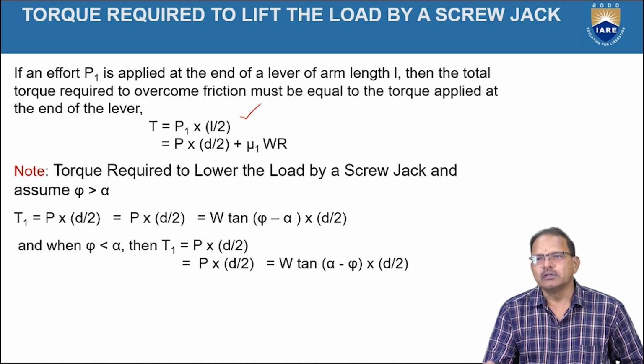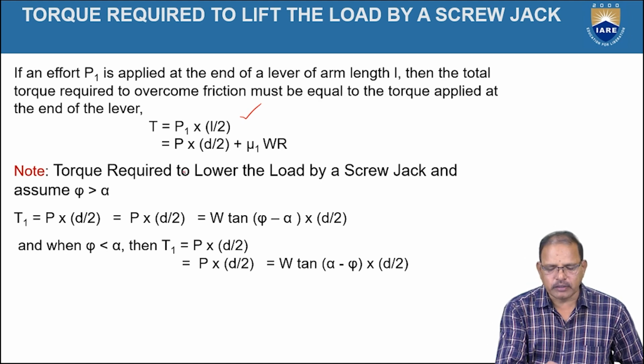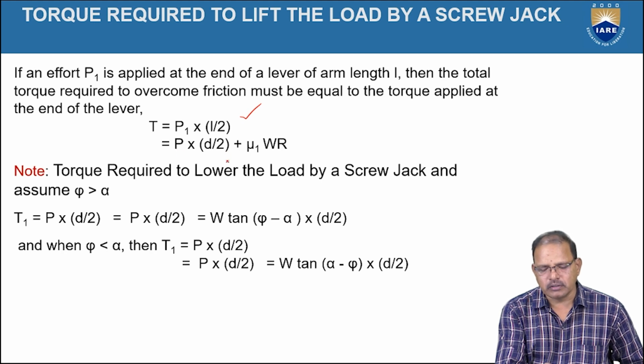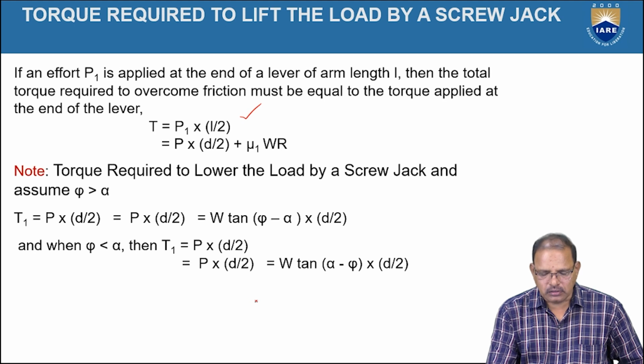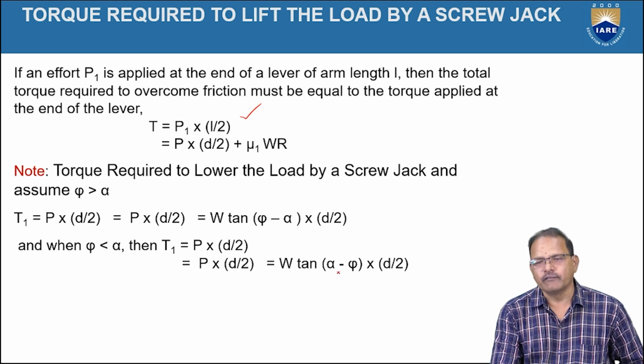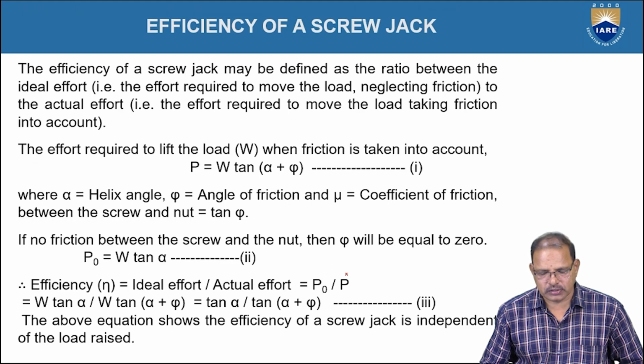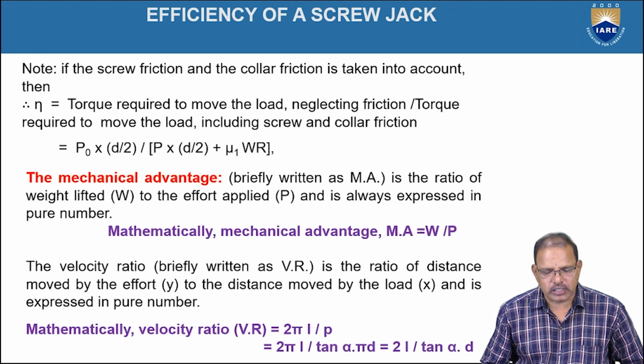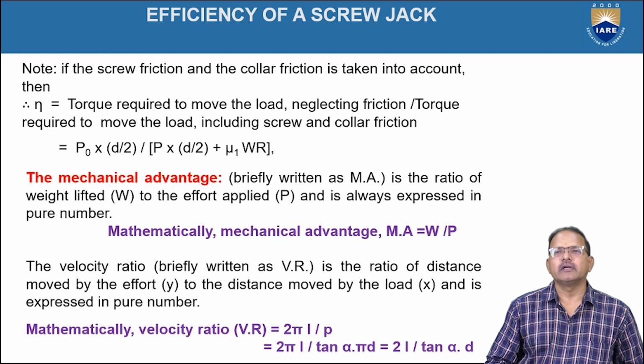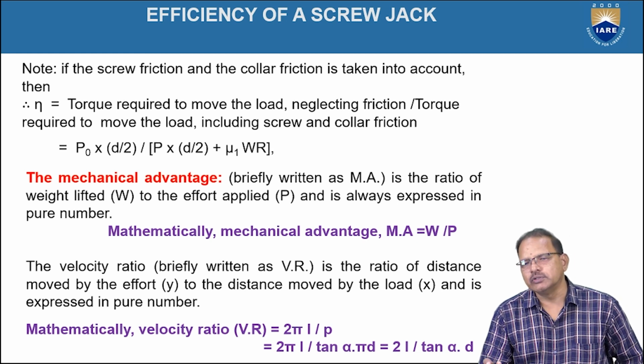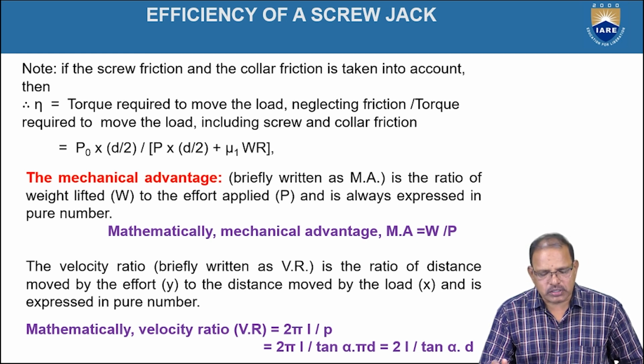So, in the upward direction, it can be determined by the equation P into D by 2 plus mu1 into W into R. For lowering the load, it is alpha minus phi. By using these equations, the torque should be equal to P1 into L, and we can determine the minimum force that can be applied at the end of the lever.